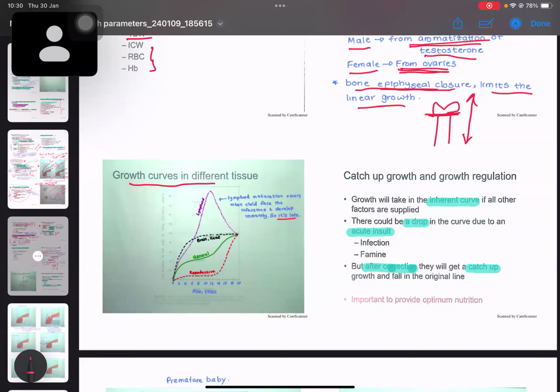So lymphoid maturation: lymphoid tissues, you all know lymphocytes, mature when the child faces infection and develops immunity. So it's late; it will take time, because only if the child is exposed to infection does lymphoid maturation occur. If your parenting style is different and the child is grown overprotectively, the child won't get good immunity.